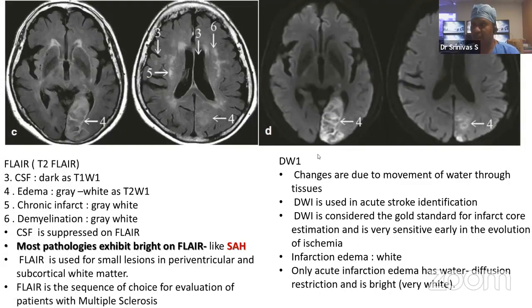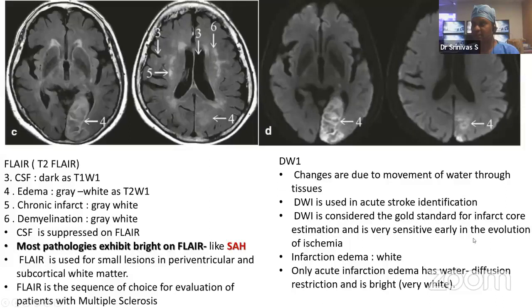That is, whether it is within 1 hour or not, and within 3 hours or not, we can identify by examining the hyperdense lesions on the diffusion weighted image. So whenever you find a hyperdense lesion on a diffusion weighted image, think that it is an acute stroke, and this is the gold standard for infarct core estimation.